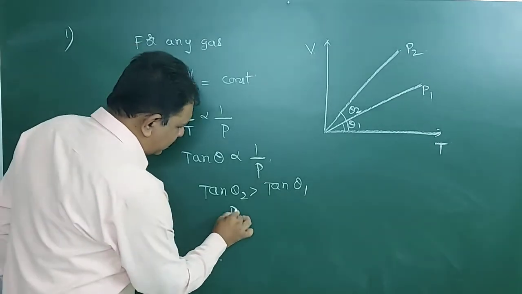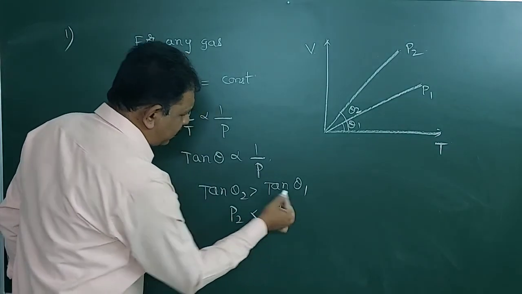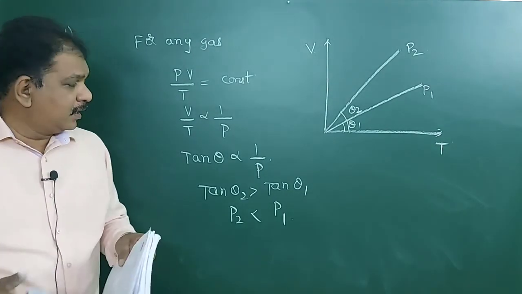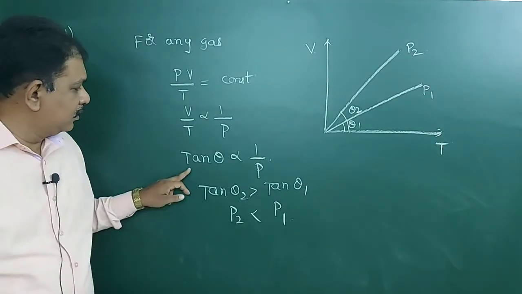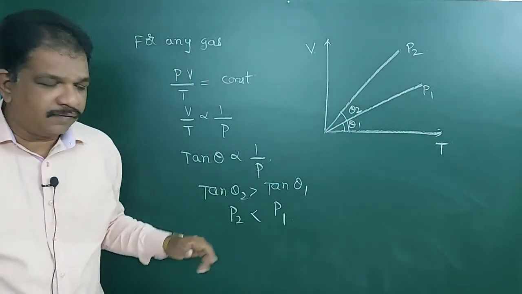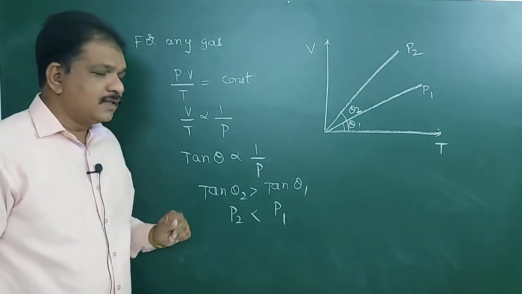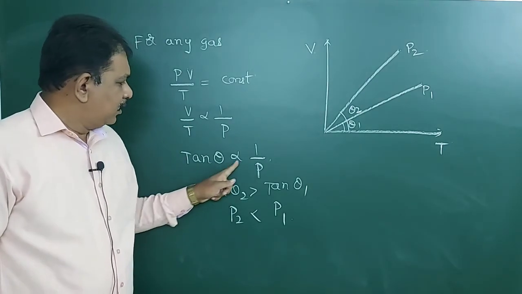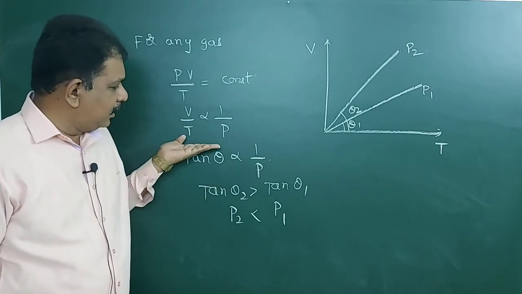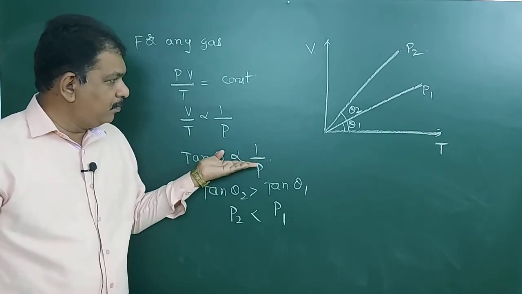So P2 value will be less than P1 because both are inversely proportional. So tan theta is more, P will be less.